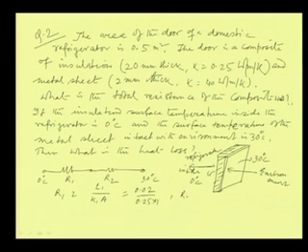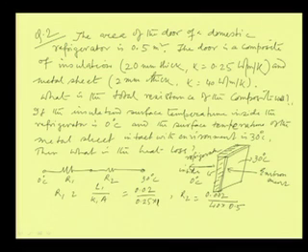And R2 is 2 millimeter thick, that is 0.002 meter, divided by K2, which is 40, into area, again 0.5.